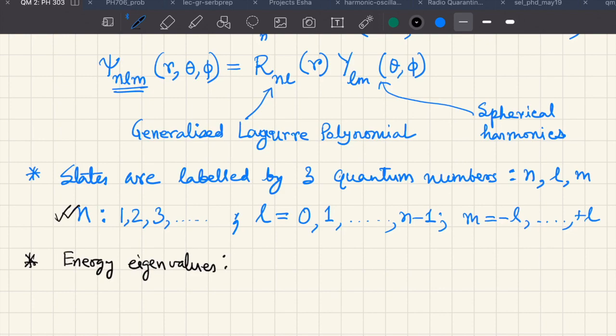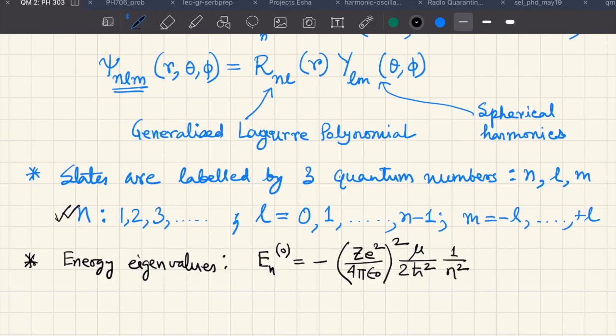So if I write this E n naught, this will be minus Z e square by 4 pi epsilon naught whole square, mu by 2 h cross squared, into 1 by n square.